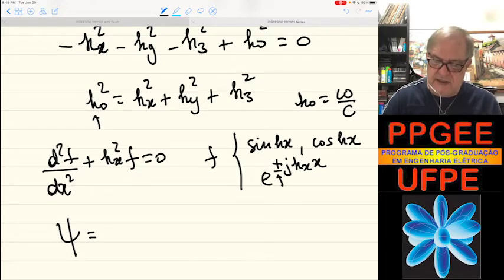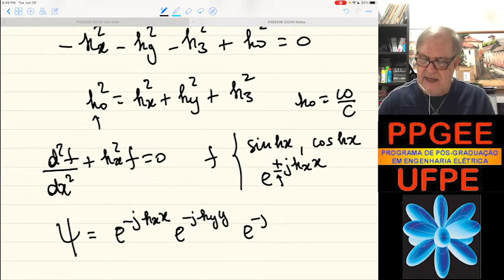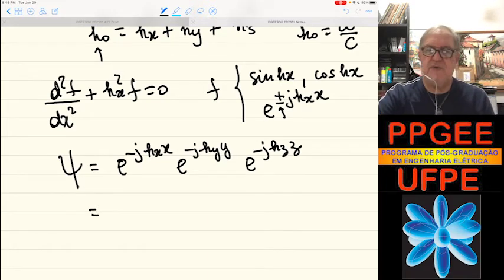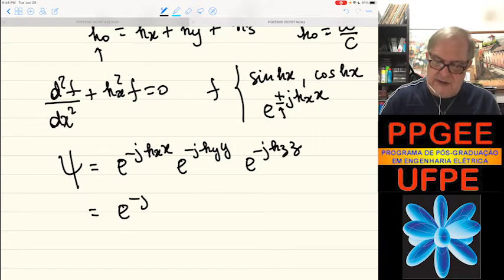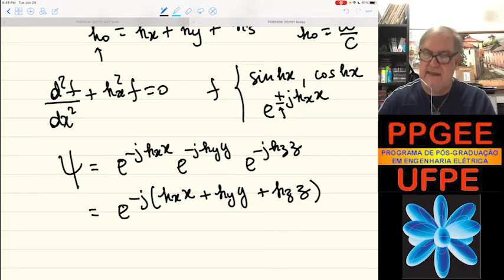F times G times H, so exponential of minus j kx x, G equals minus j ky y, and H minus j kz z, right? So that's a type of solution that we have, right? So in other words, minus j (kx times x plus ky times y plus kz times z).